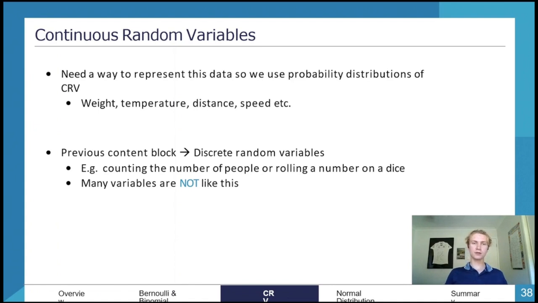So rolling a die, a number of people in a room, many variables aren't like this. Those are discrete, but a lot of variables actually fall under the continuous kind of rule. And for that, we need different rules for our continuous random variable data sets. And that's what we're now going to have a look at in this next section.